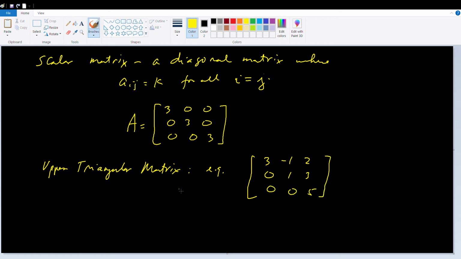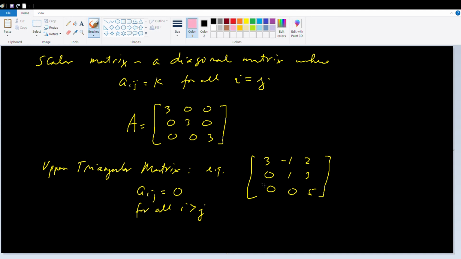You will notice that the elements Aij are equal to 0 for all i greater than j. The first 0 here is along the second row, first column.